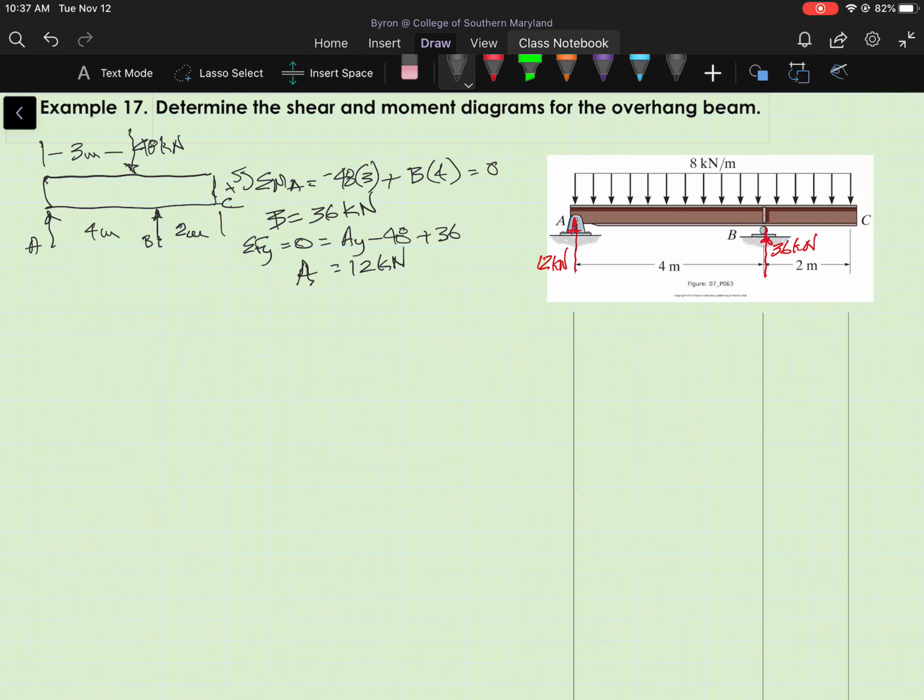Okay, so I have my first step of the procedure complete. I've shown all the forces acting on the beam.